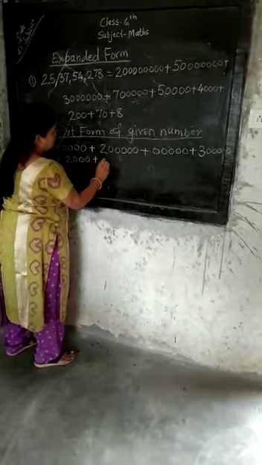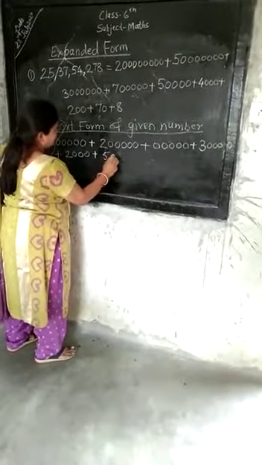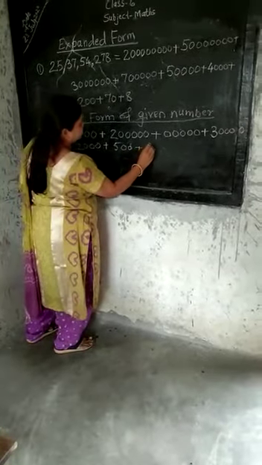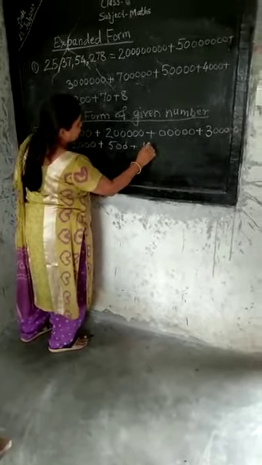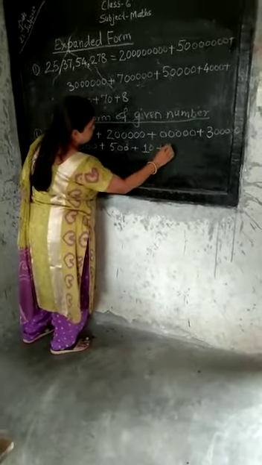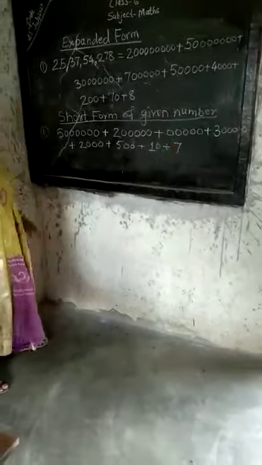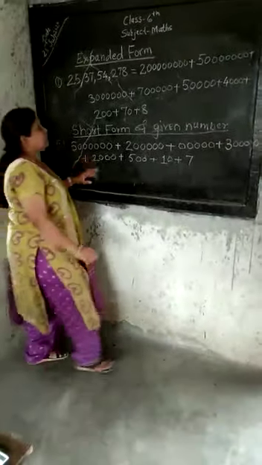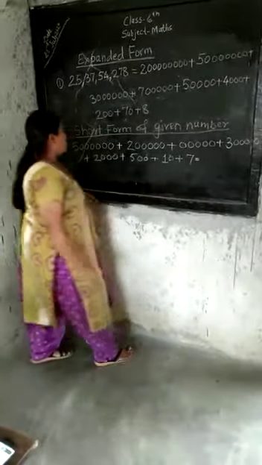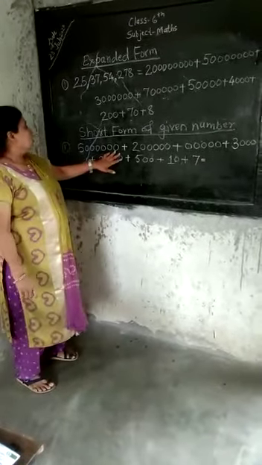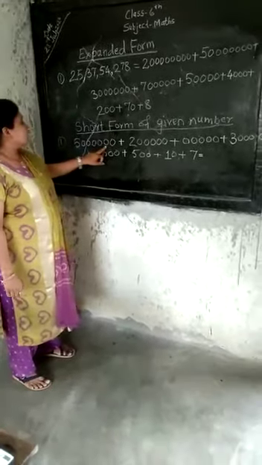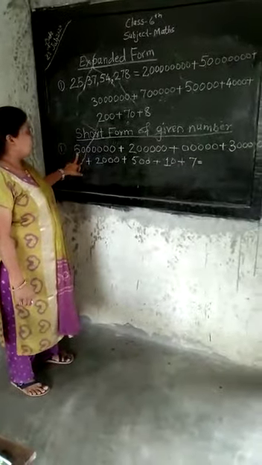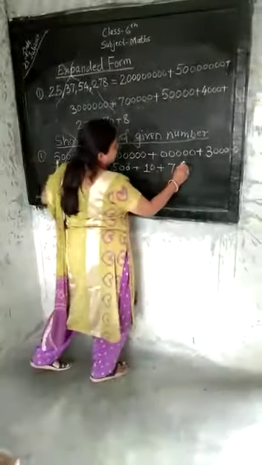This is the expanded form. We have to write that expanded form in a short form. First we have to count the places: ones, tens, 100, 1000, 10,000, lakh, 10 lakh. That is 50 lakh.